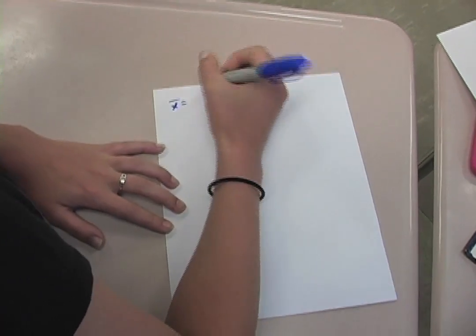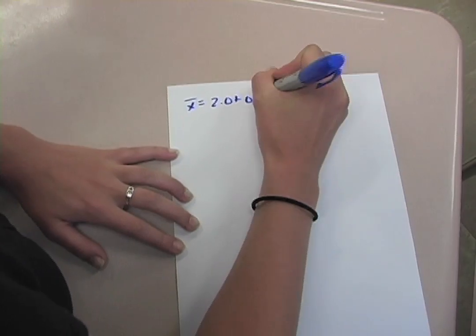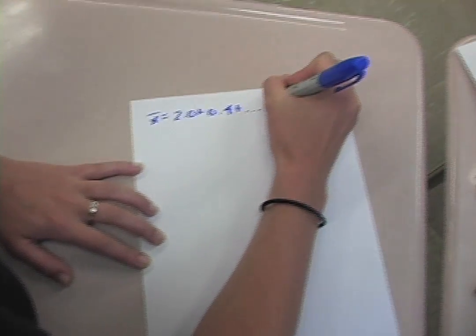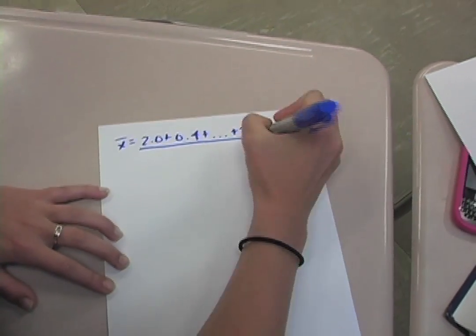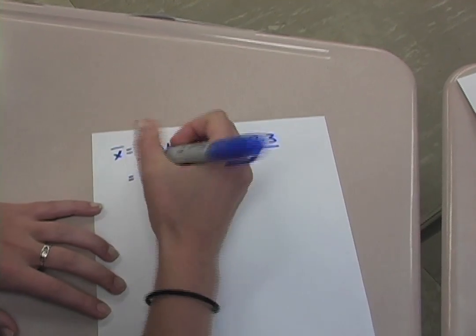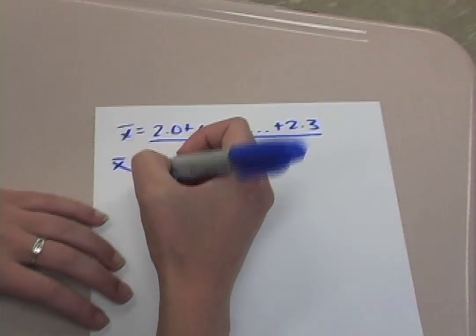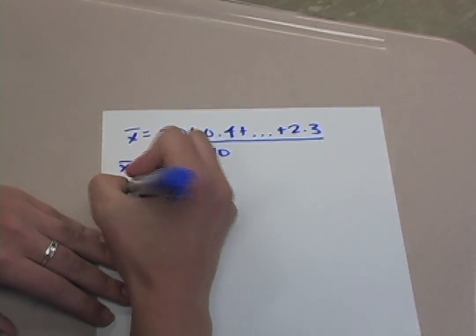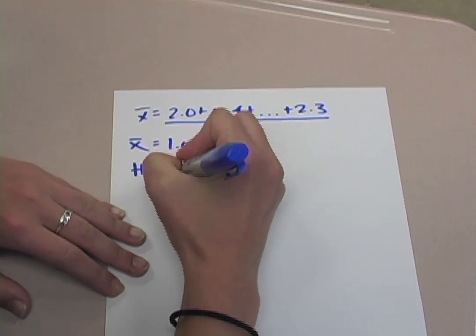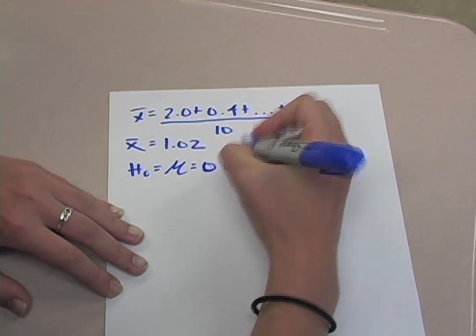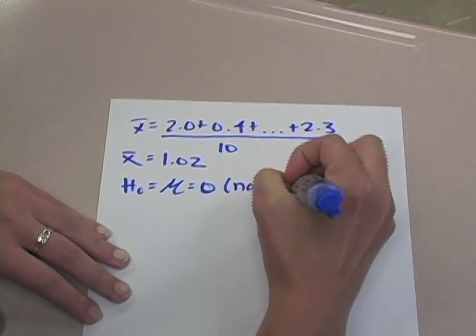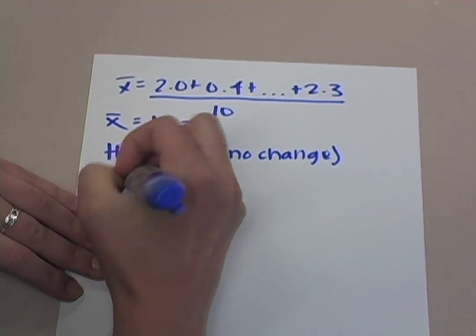So I'm going to start by finding the average sweetness loss, or the mean of the sample, by adding up all of the sweetness scores and dividing by the number, which is 10. So I get 1.02. The hypotheses are: the null hypothesis is that μ is equal to 0, so there's no change in sweetness.